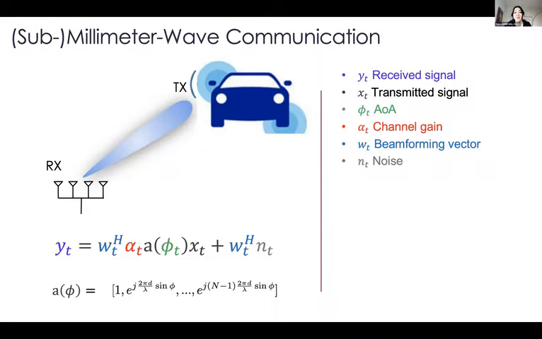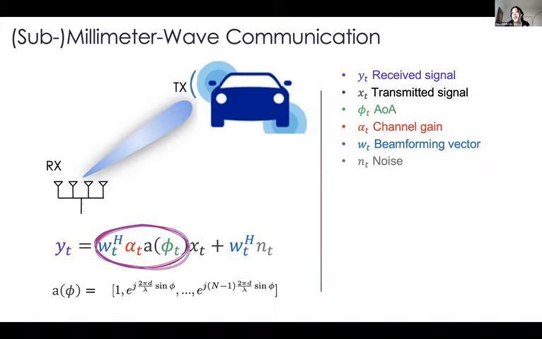The notation doesn't really matter. What I would like to emphasize is the impact of the beamforming weight controlling the signal strength in this simple model.